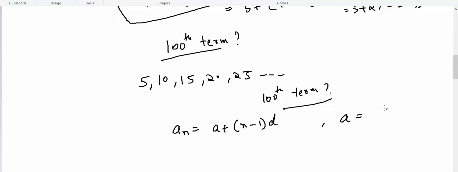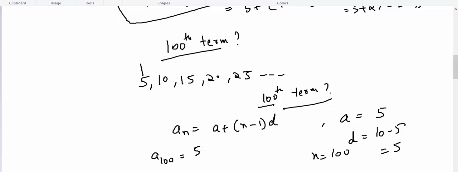The value of a here is equal to 5, which is the first term of the sequence, and the value of d here is the common difference and it's equal to 5, and the value of n here is equal to 100 because I want to find the 100th term in the sequence. So a_100 would be equal to 5 plus 100 minus 1 times the value of d, which is 5.